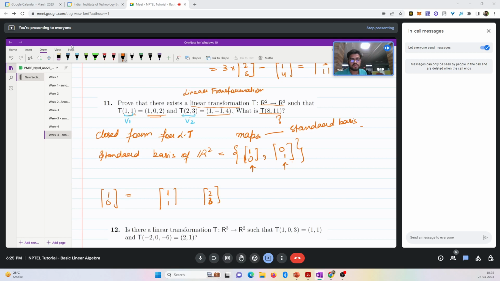We have to see this, right? We want something to be multiplied here so that we get 1, 0. So we want this quantity to be 1 more, right? Let's say if we multiply this by 2, then these become, no, let's not multiply this by 2.